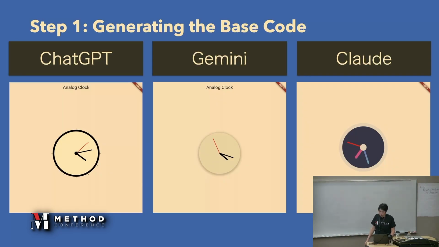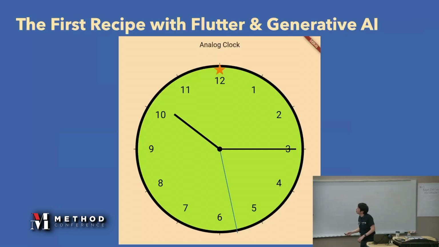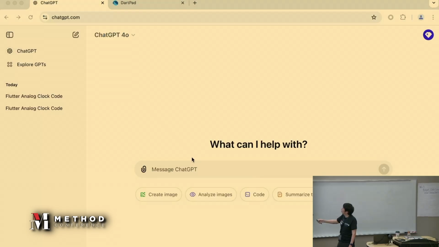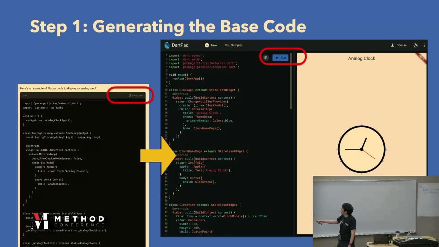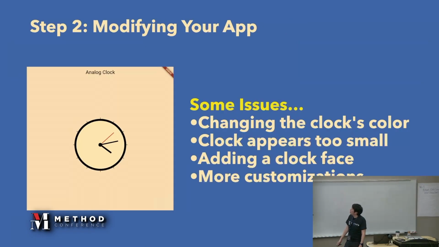But unfortunately, my goal is this analog clock, but the current analog clock is a little different. So we have to modify this code as we expect.